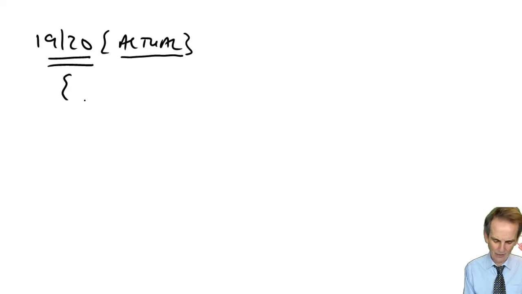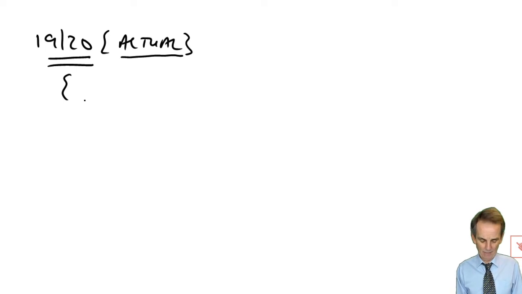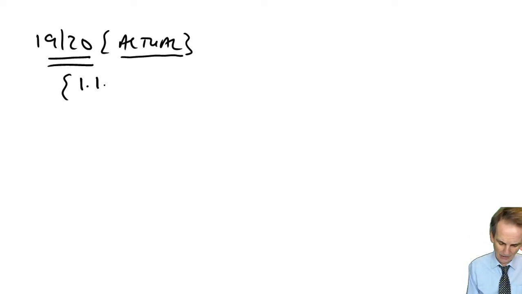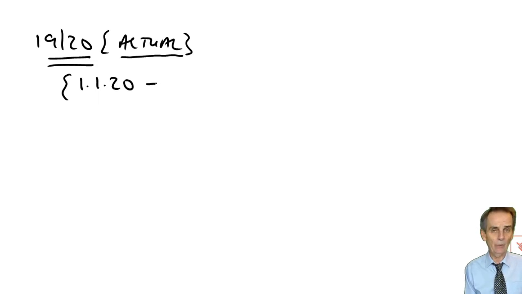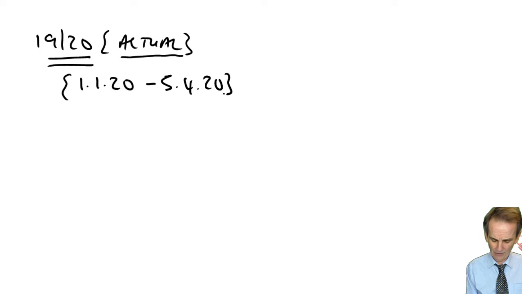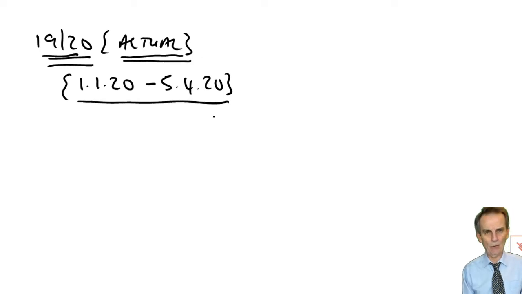I then define the basis period, i.e. what does actual mean? It means from your start date, 1st of January 20, through to the following 5th of April, which pretty obviously is the 5th of April 20. So I've got my tax year, my basis of assessment, and my basis period defined. Now all I've got to do is put that into practice.